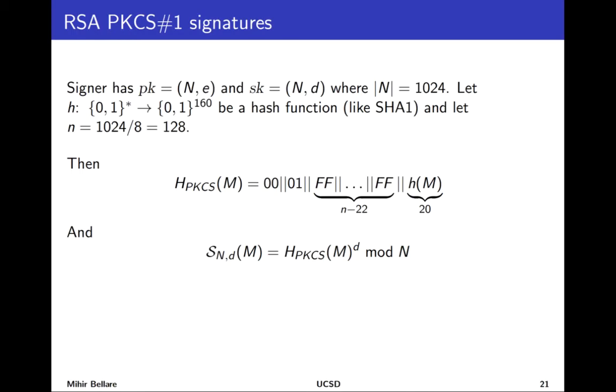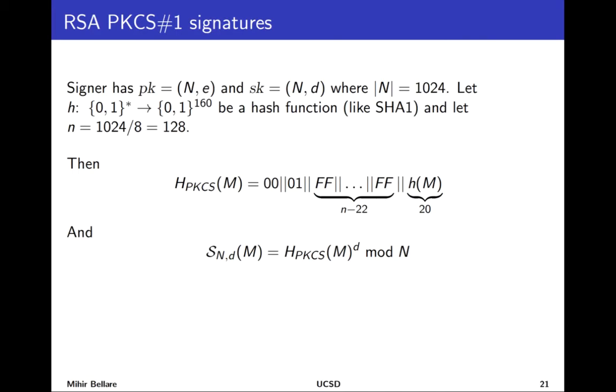So what they did is that they, of course, were doing RSA signatures using this same basic hash-and-decrypt paradigm. So the public key was modulus and encryption exponent, secret key modulus and decryption exponent, and in this illustration, I'll assume a 1024-bit modulus.